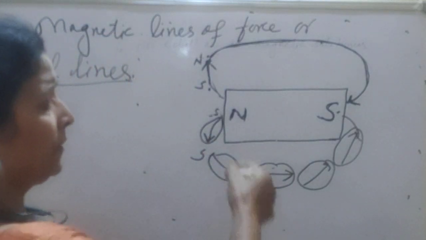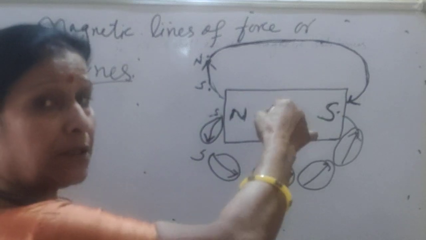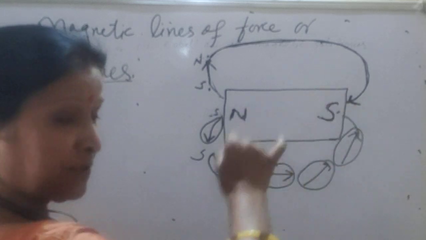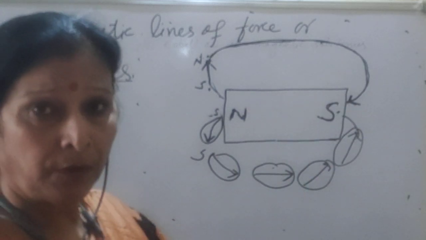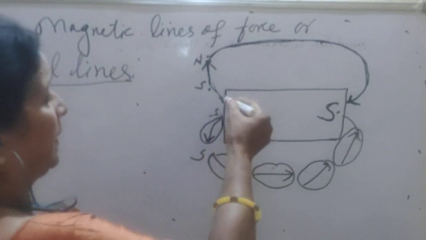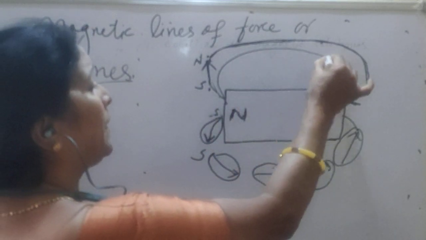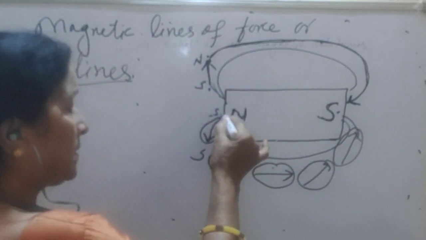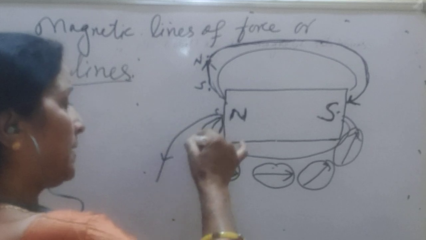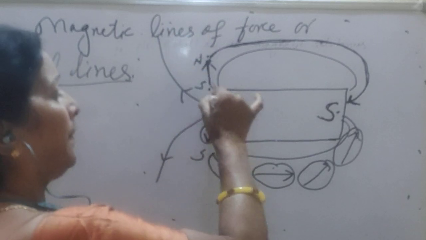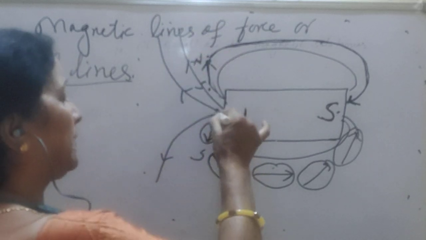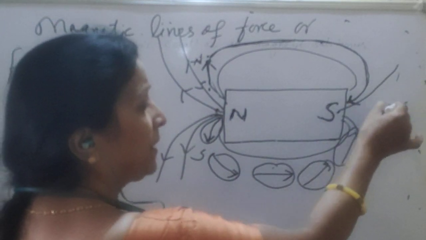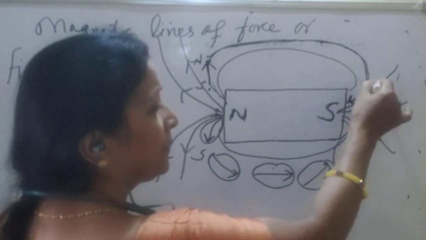Now, as this magnet will have a magnetic field, the strength of the field will go on decreasing as we move away from the magnet. So we will have more magnetic lines of force over here. And at the two ends, the magnetic lines of force will appear like this, diverging from the North Pole and converging, getting inside towards the South Pole.